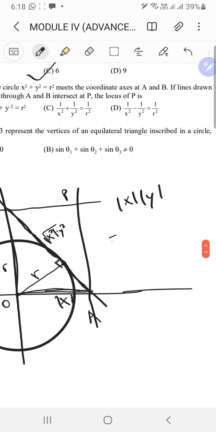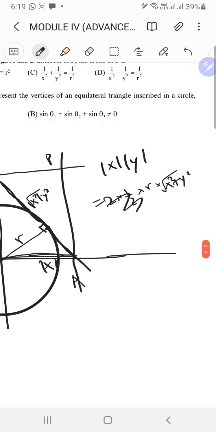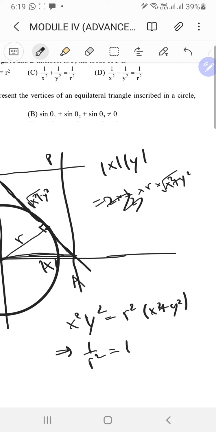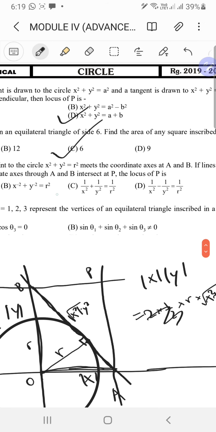So the area should also be 2 into half into r into square root of x squared plus y squared. So let's square that. We get x squared y squared equals r squared into x squared plus y squared, which means 1 upon r squared equals 1 upon x squared plus 1 upon y squared, and that is this option.